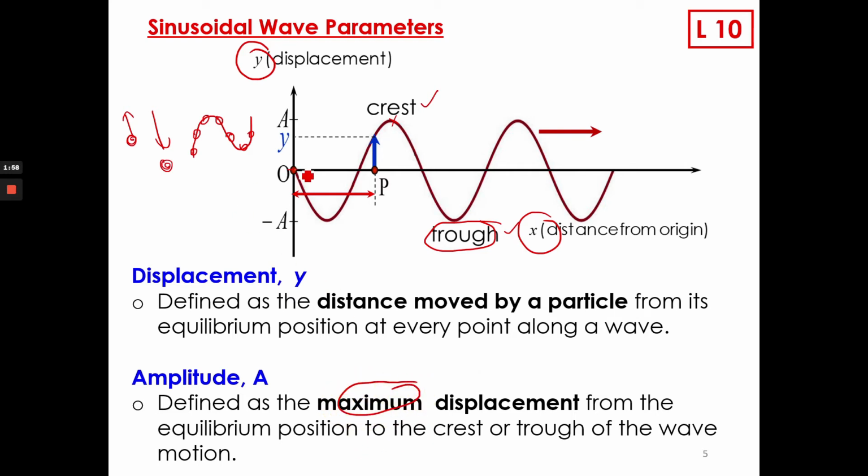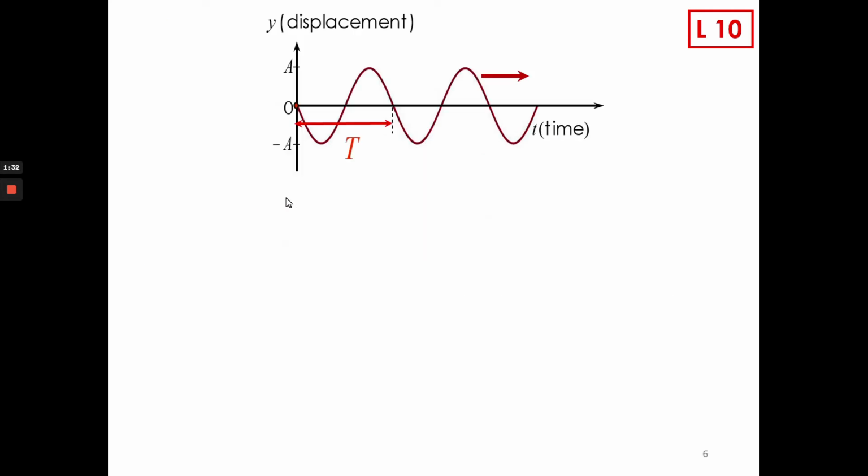So your equilibrium position is this origin to the crest or trough of the wave motion. So as it goes up to the maximum, this is positive amplitude. As your particle goes maximum but downward, this is a negative amplitude. The value of your A will be the same.